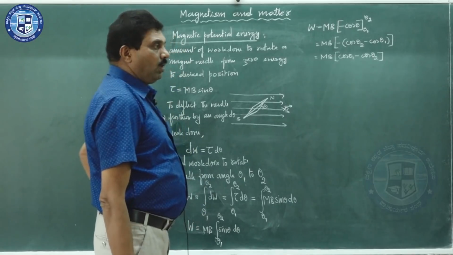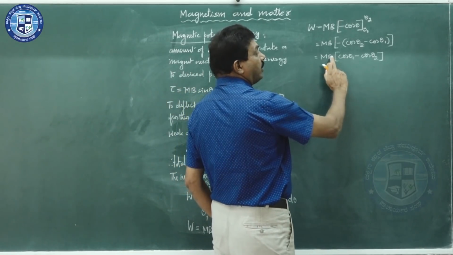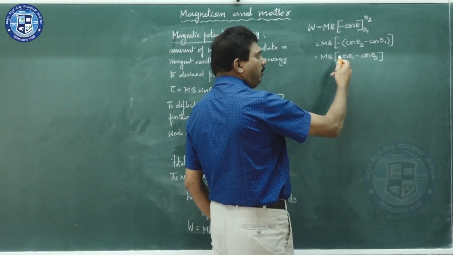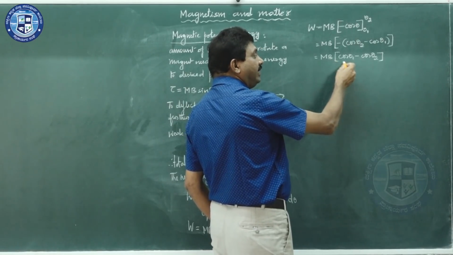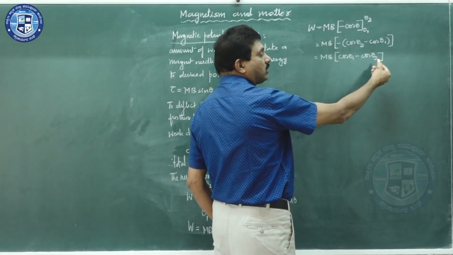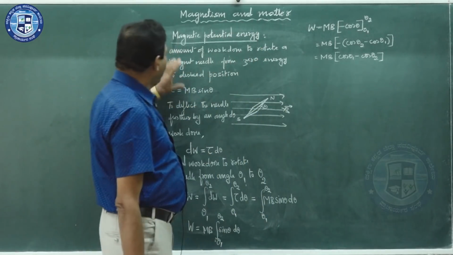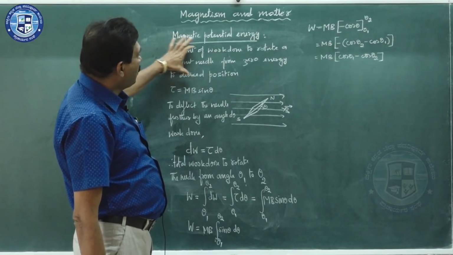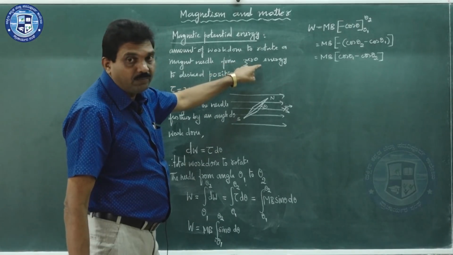Now this is the work done. If you multiply this out, it is mB cos theta 1 minus mB cos theta 2. What is mB cos theta 1? mB cos theta 1 is the initial energy and mB cos theta 2 is the energy at the desired position. What we wrote here, magnetic potential energy is the amount of work done to rotate a magnetic needle from zero energy.